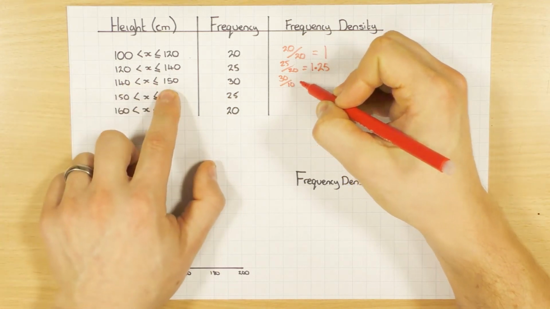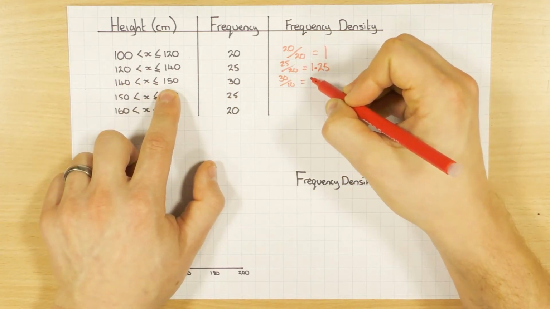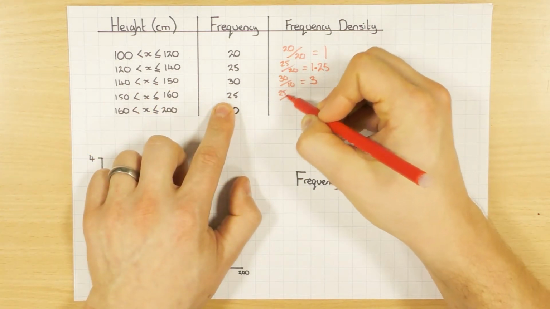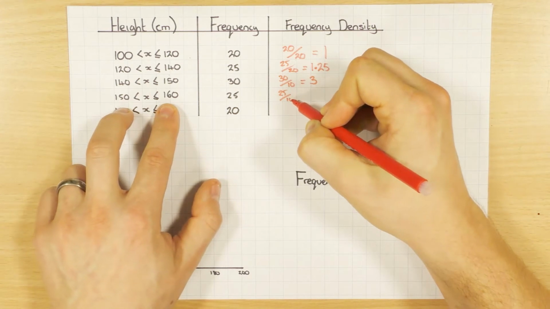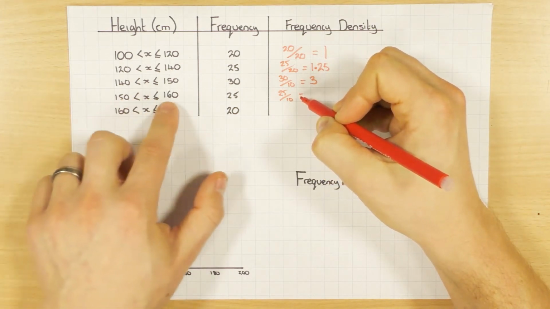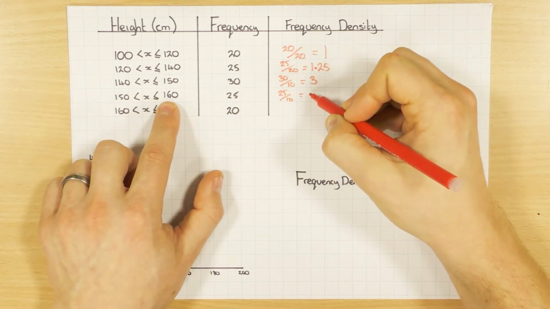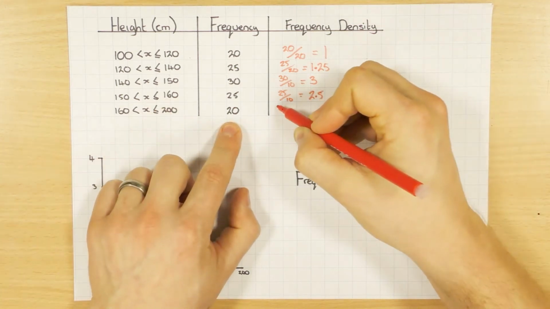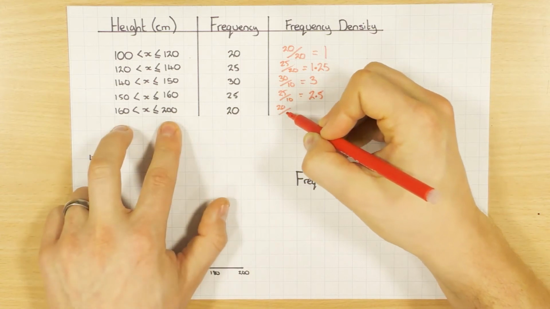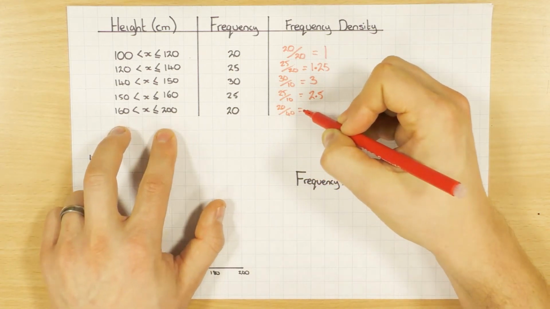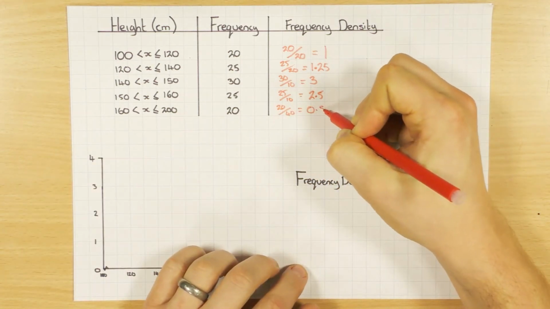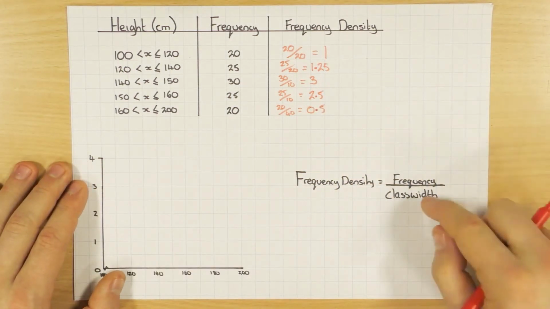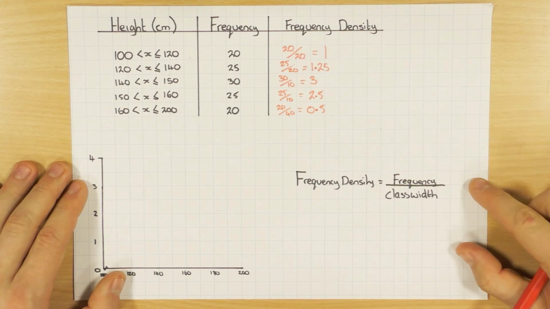The difference between 140 and 150 is 10, which obviously gives you 3. 25 divided by, again, 10, which is the difference between 150 and 160, the class width, which is 2.5. And 20 divided by 40, which when you simplify is a half, and 0.5. Okay? So you work out what's called the frequency density by doing the frequency divided by the class width.